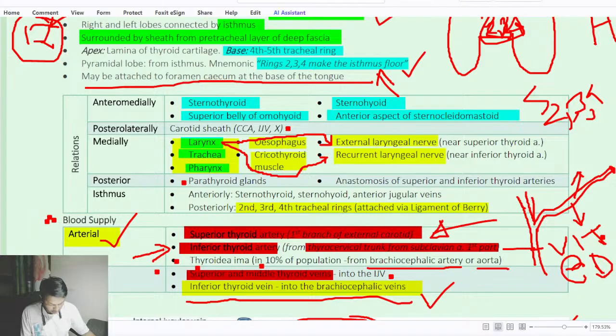The superior thyroid artery is a branch of the external carotid artery. The inferior thyroid artery is a branch of the thyrocervical trunk of the subclavian artery. In 10% of people there could be a variation, the thyroidea ima artery. If it is present, it arises from the brachiocephalic trunk or aorta.